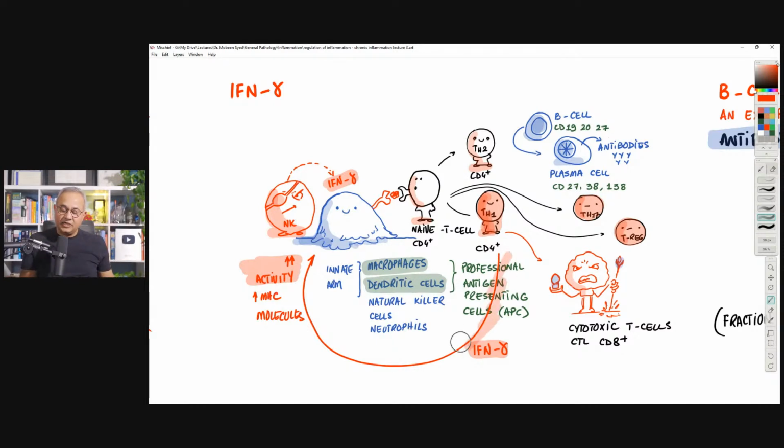Here you are seeing interferon gamma upregulating the function of the innate arm. And interferon gamma is not only produced by the acquired arm, to the dismay of those doctors who say the acquired arm is going to somehow inhibit the innate arm. Interferon gamma is also produced by the innate arm cells themselves, especially natural killer cells.